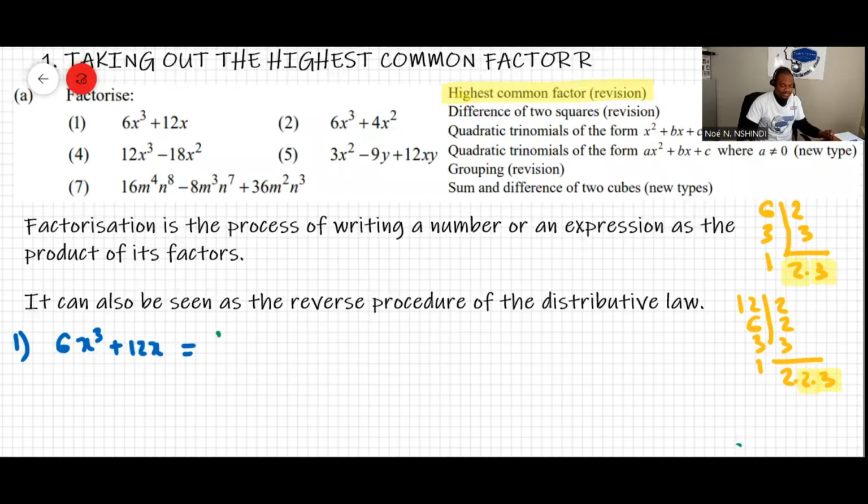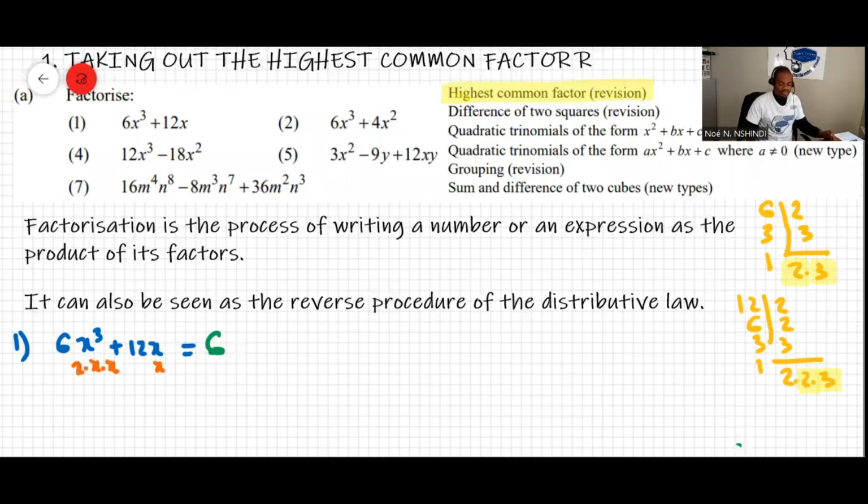So for the coefficient, I take 6, and then x cubed here means there are 3 x's, while the other term has 1x.